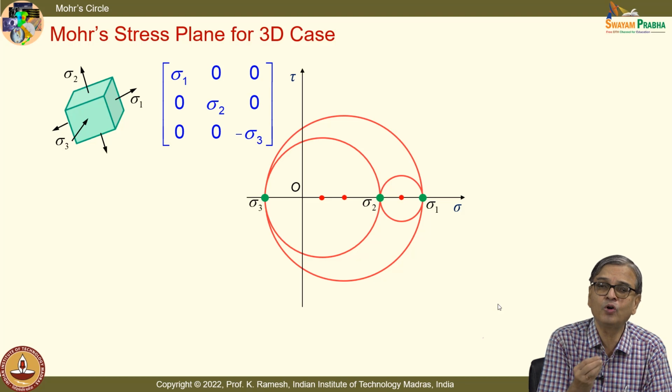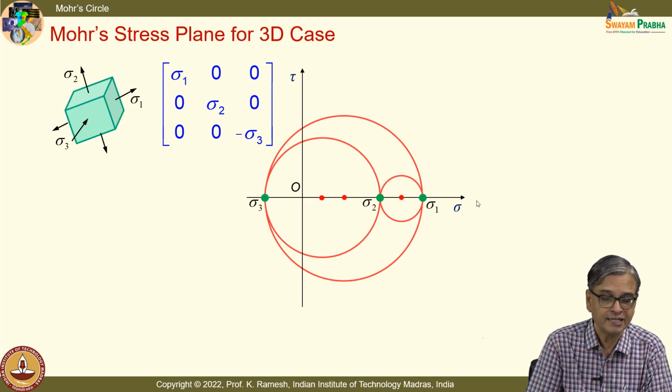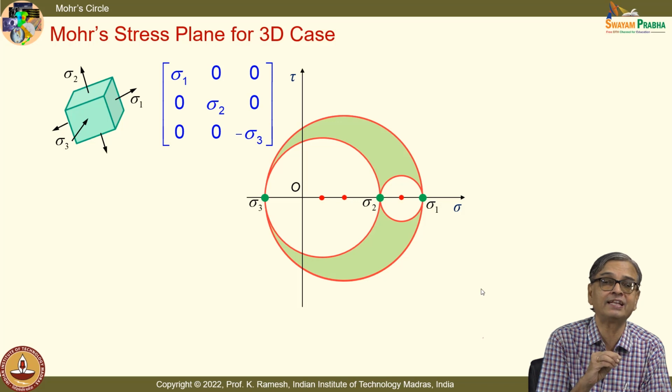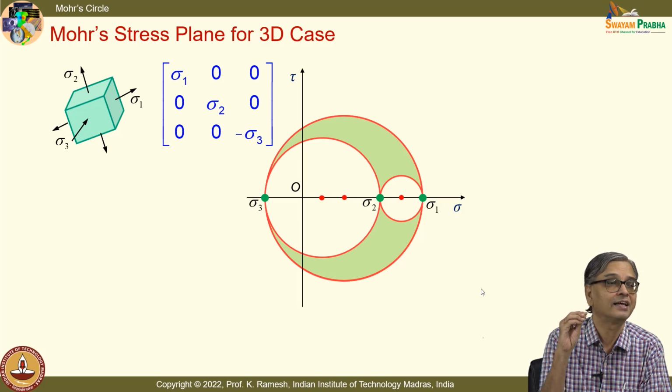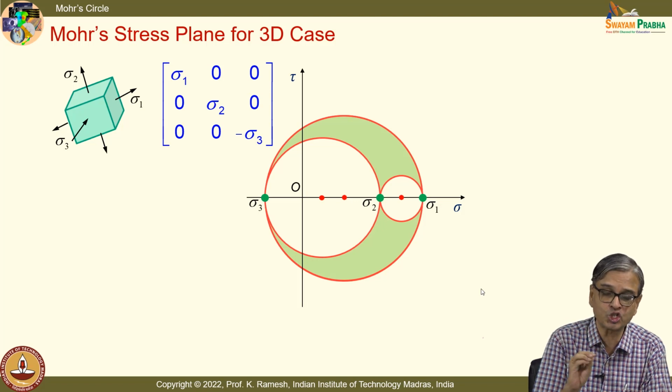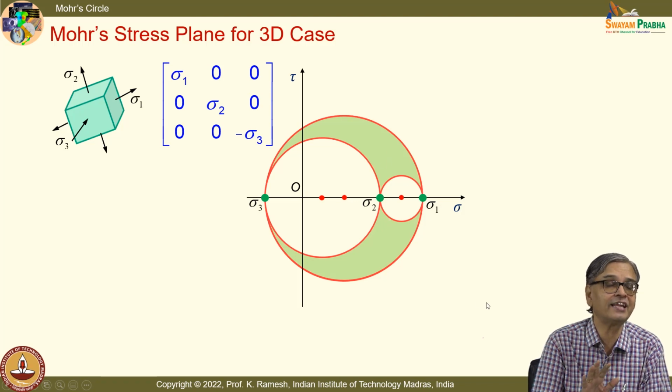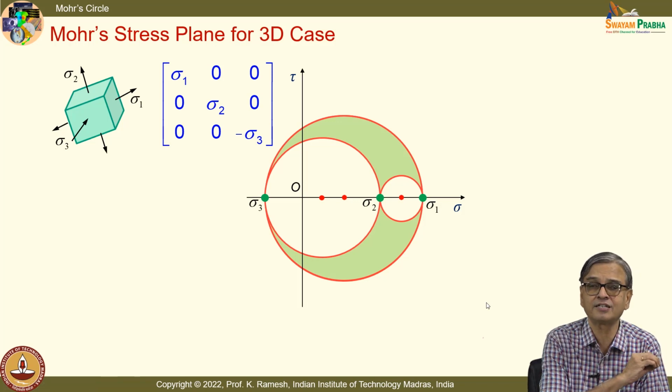And what Mohr has said is, the in-between zone is the zone in which all the points in all the possible infinite planes in a three-dimensional body exist. Okay, all the points in this zone, which is green, bounded by the red circles, this is the area. If you take any point, you can locate the point in the three-dimensional space.